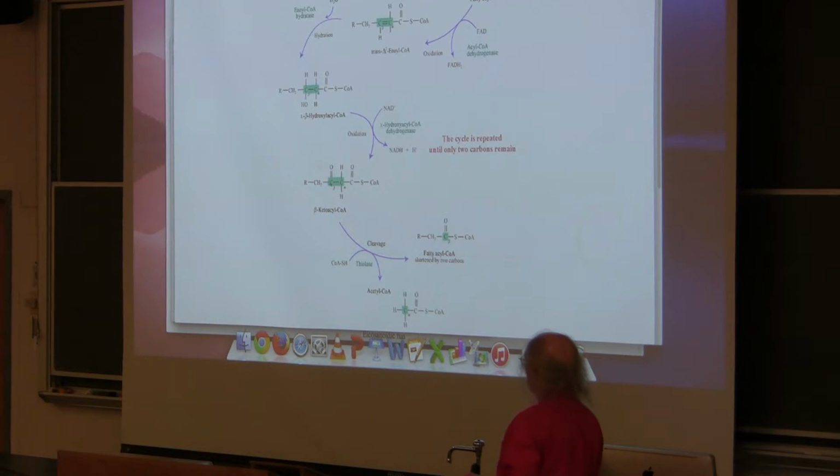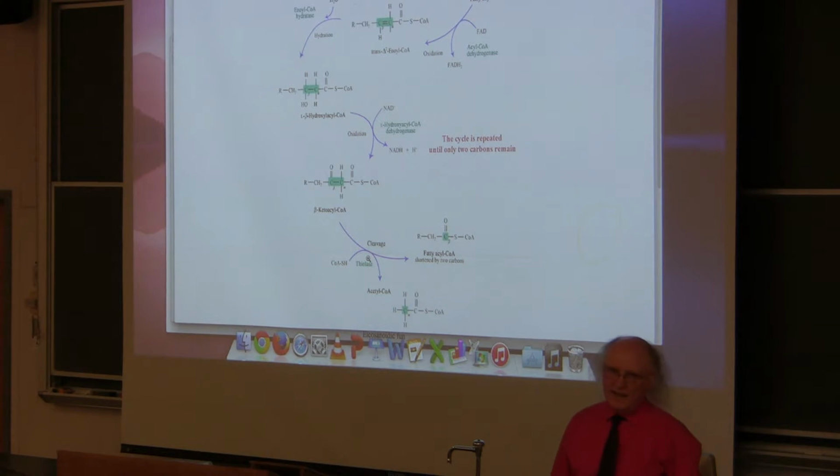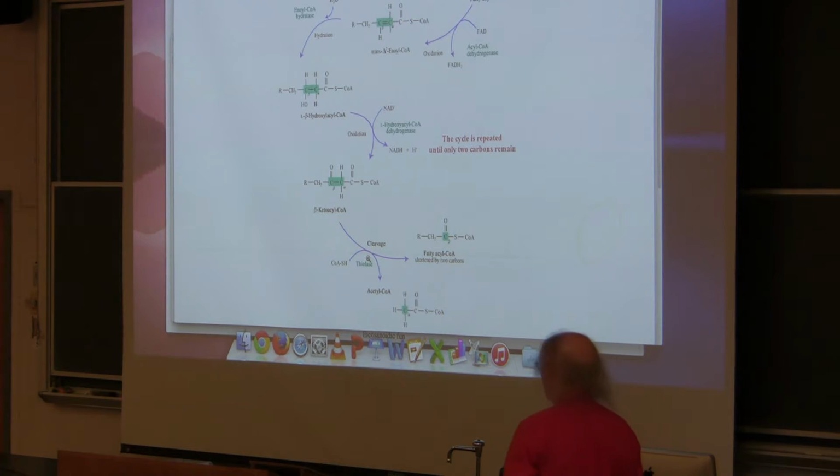In the next step, we've actually completed beta oxidation because in the next step, there's an enzyme called thiolase. And yes, that's a name you should know. Thiolase breaks the bond between carbons 2 and 3 and puts a CoA onto the remainder. What does that mean?